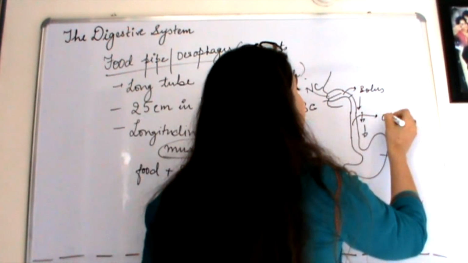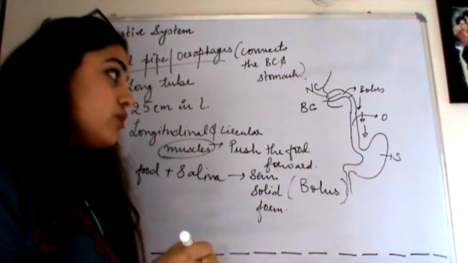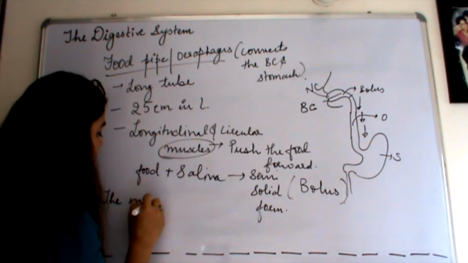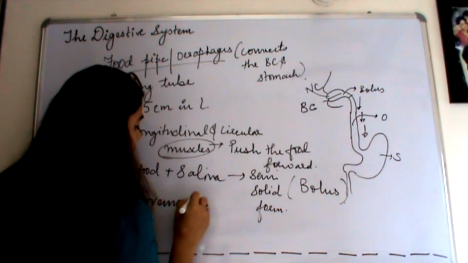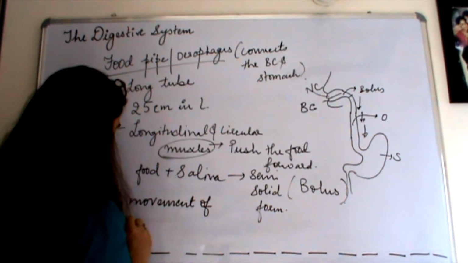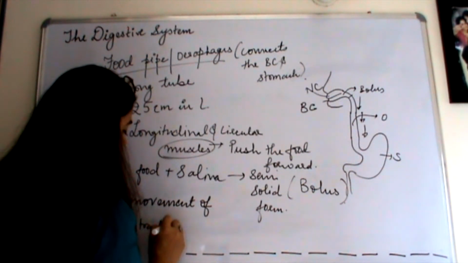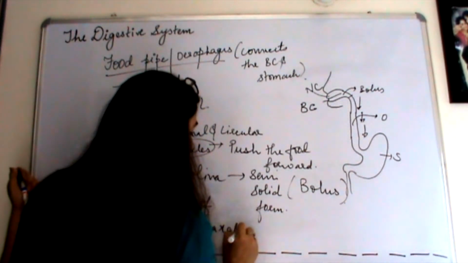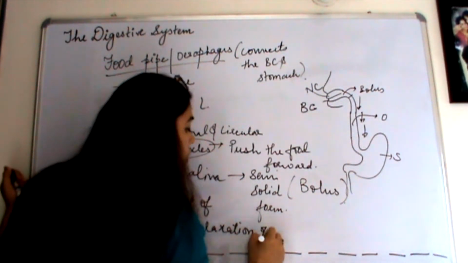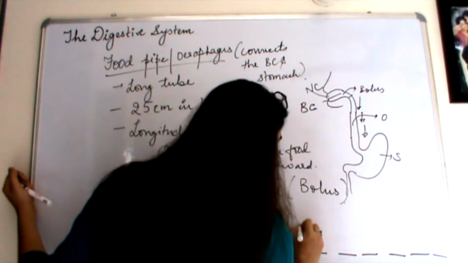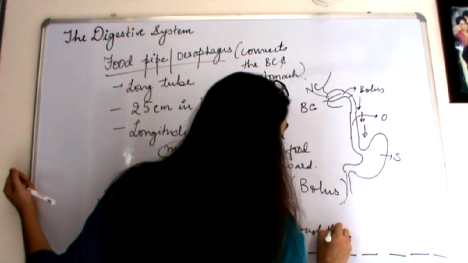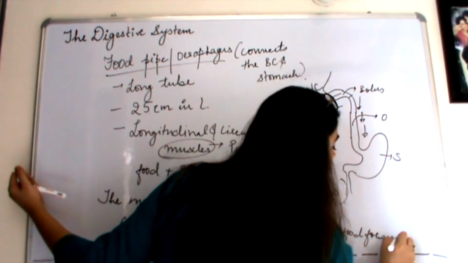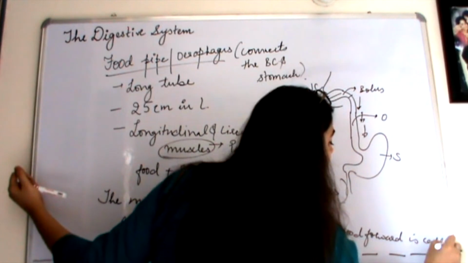This is the esophagus. So this movement, you can write it down, the movement of contraction and relaxation of the esophagus to push the food forward is called, what is it called, guys?